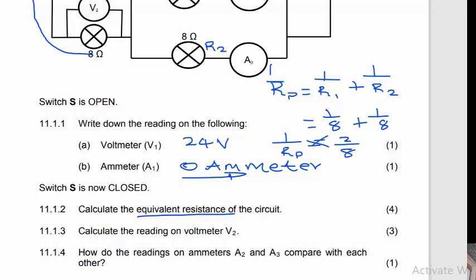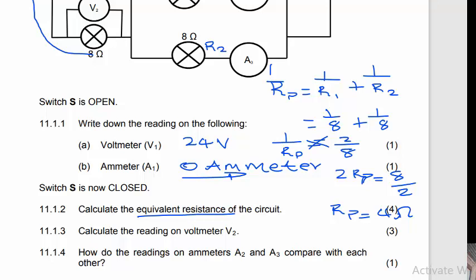You therefore cross multiply at this point, so you have 2 RP equals 8, and then you divide by 2. RP is therefore equal to 4 ohms, right? You are not done, however, because you are calculating the equivalent resistance for the entire thing.